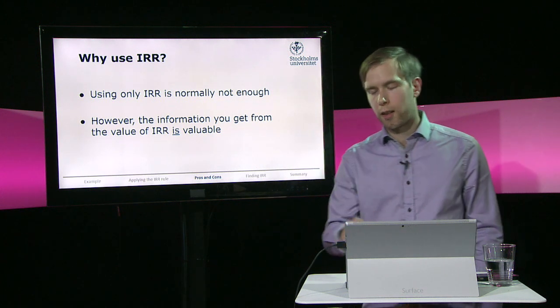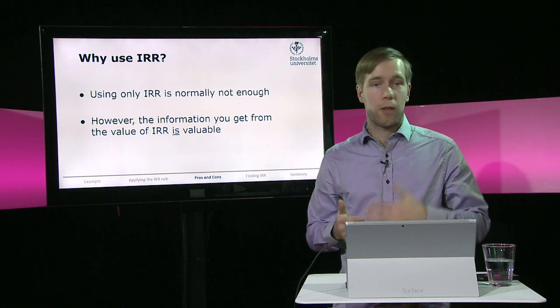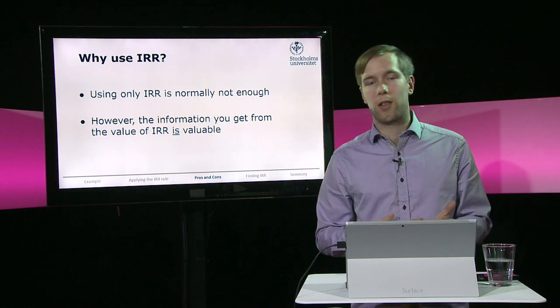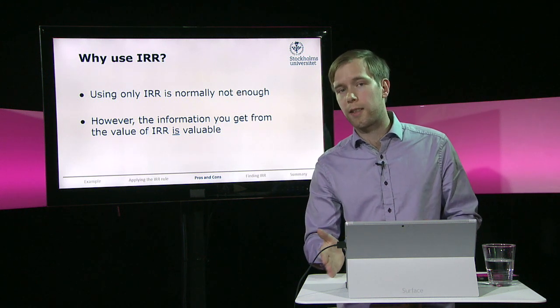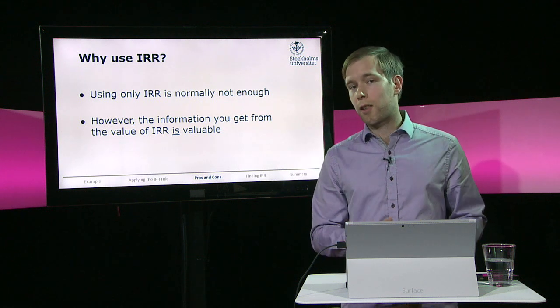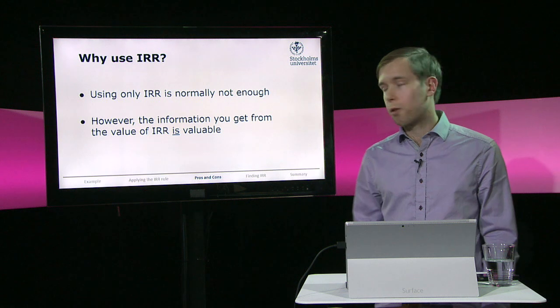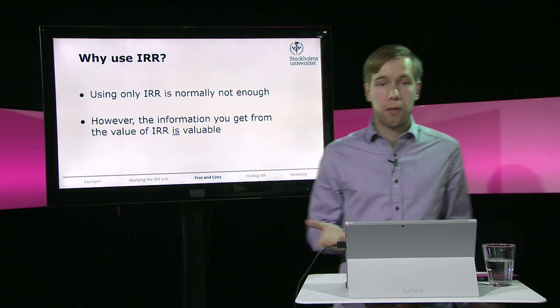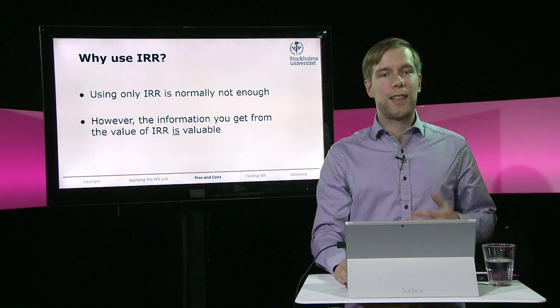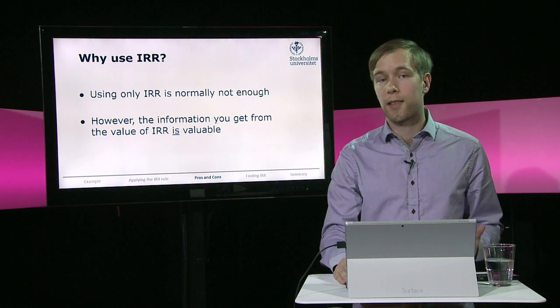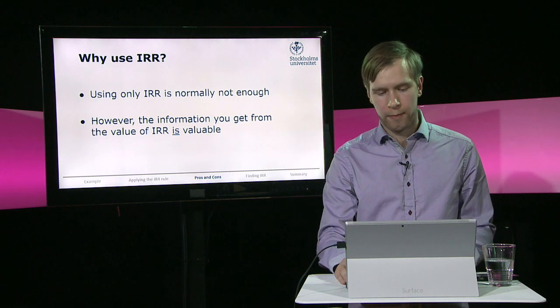But on the other hand, if the IRR is very close to our cost of capital, so we have a cost of capital of 8% and the internal rate of return is maybe 8.3%, then if we're really uncertain about the cost of capital, we might make a bad investment, because it should be negative when we see it as positive if we're wrong. So it gives us an idea of how sensitive our analysis is to the interest rate.